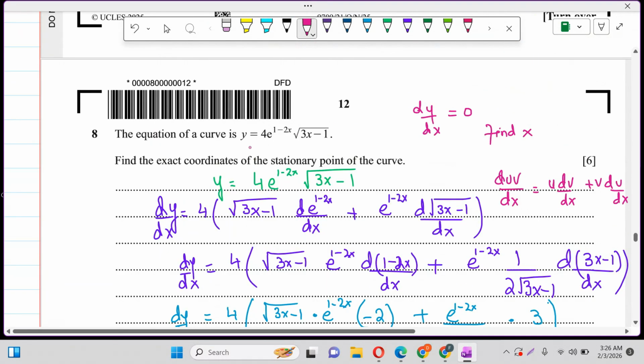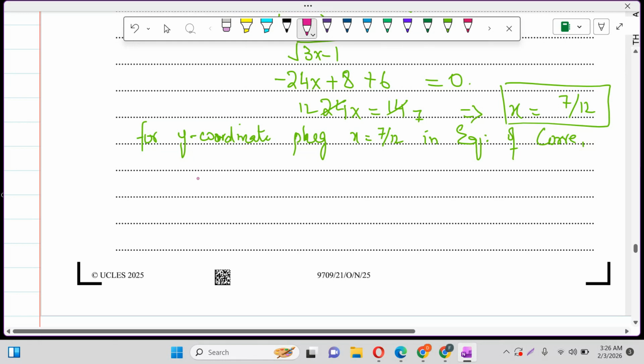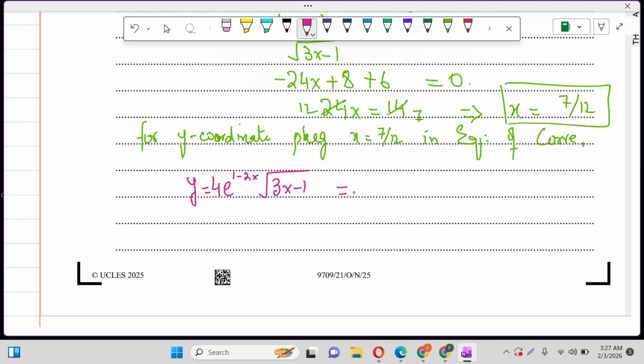So the equation of the curve is y equals 4 times exponential of (1 - 2x) times √(3x - 1). So this is equal to 4 exponential of (1 - 2 times 7/12) times √(3 times 7/12 - 1).